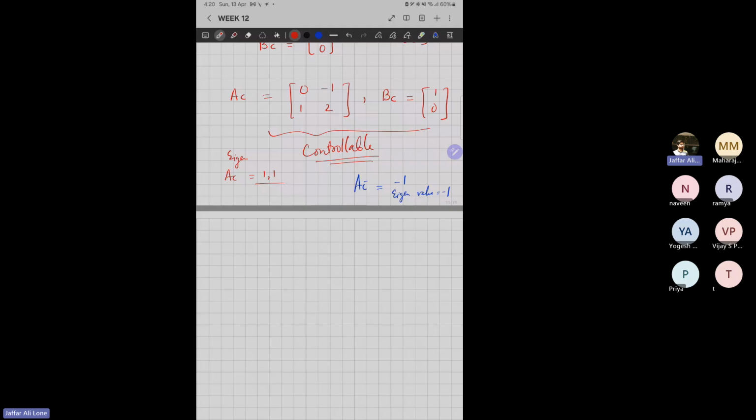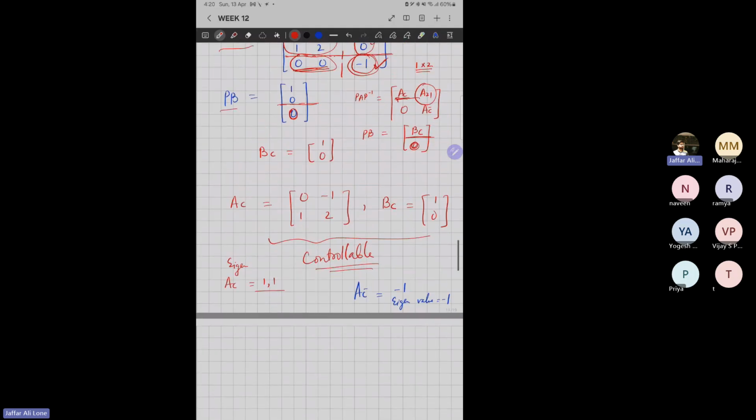You can use the PBH test, or you can use this controllability decomposition, and at the last, you can use MATLAB. The third type of question was based on this controllability decomposition, but the question is given in a very easy form. Everything is given from their end. You just have to be very careful while solving.